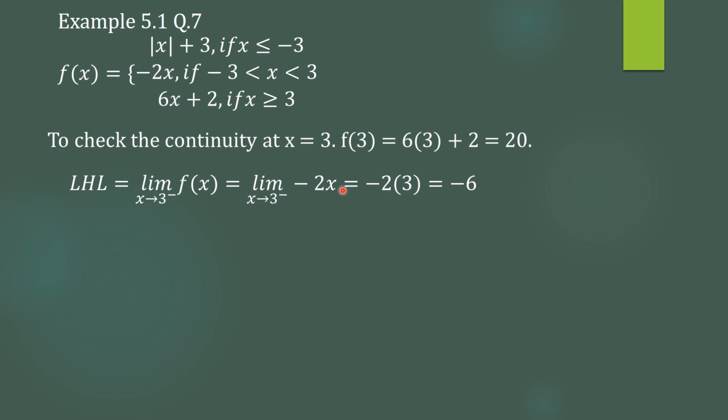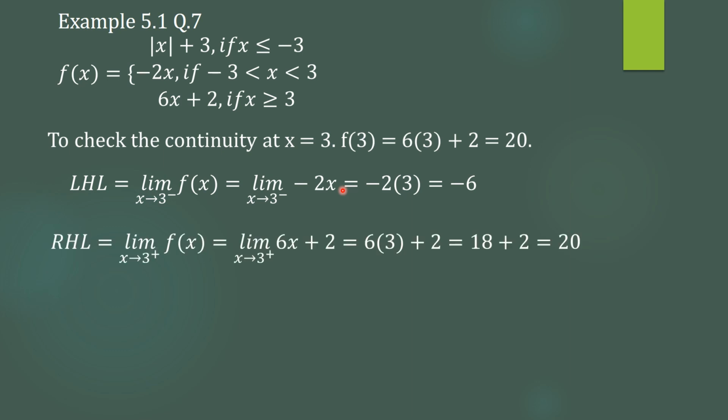Now we will go for the right hand limit, that is x tends to 3 plus. The right hand limit, the limit as x tends to 3 plus of f of x is equal to the limit as x tends to 3 plus of 6x plus 2. So that will again be 20.